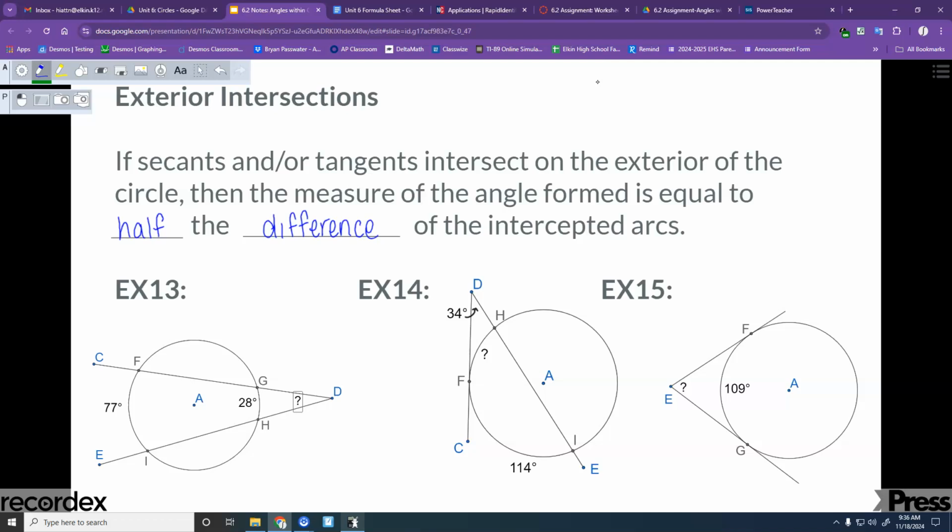Okay, so this is what it's going to look like. It's similar to the ones that cross inside of the circle. But for those we added together and divided by 2, this is half the difference.